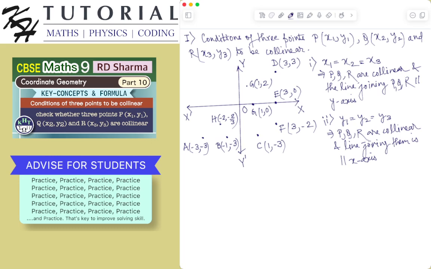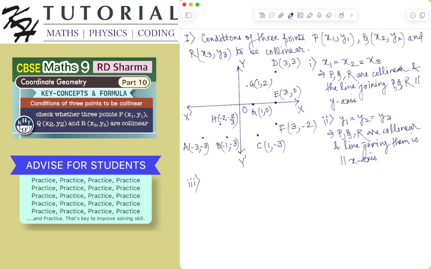There is another third special case. It could be the fact that the points P, Q, and R are collinear and lying on a line which is passing through the origin, but the line is not the y-axis or the x-axis.